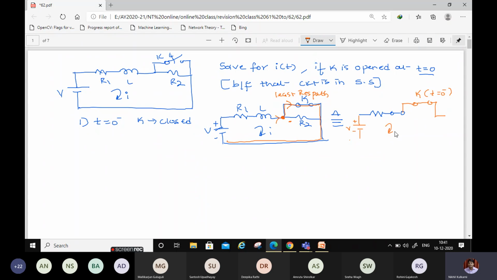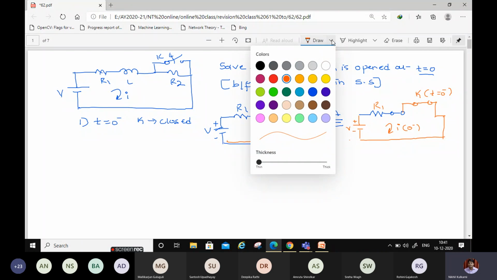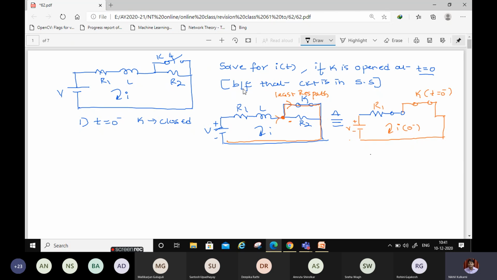Correspondingly, what we have is this current. This current we can call I of 0 minus, which we have already evaluated. That will be V by R1.